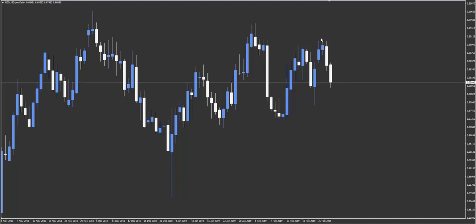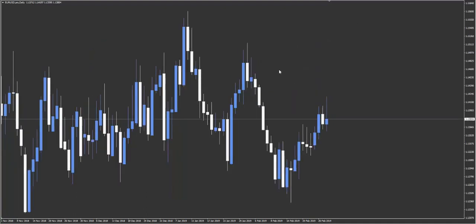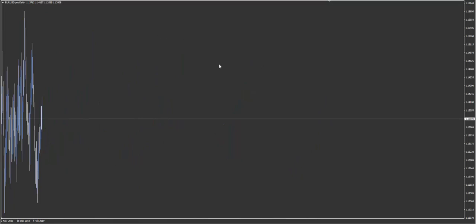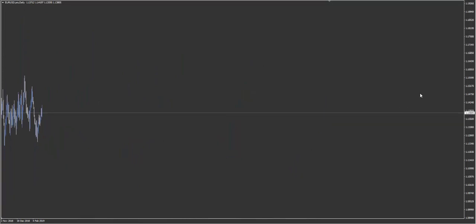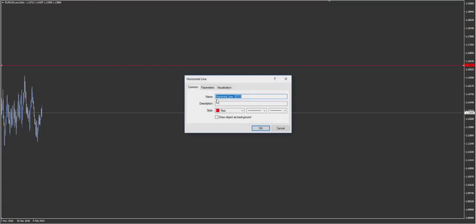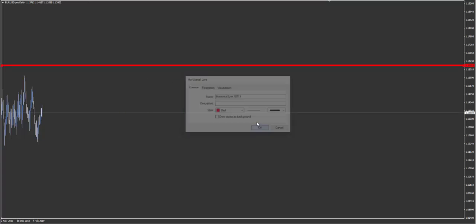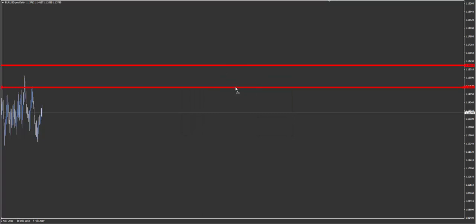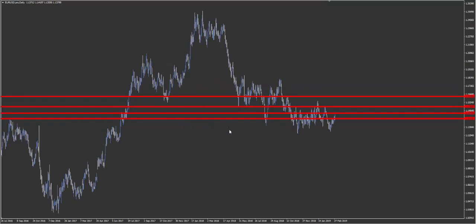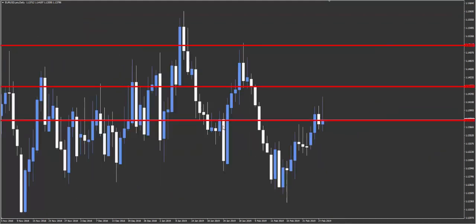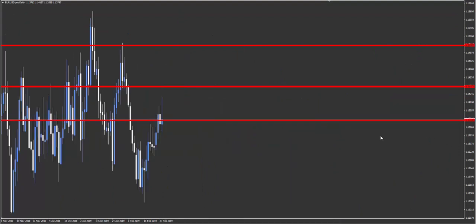If I just throw on a random Euro USD chart, zoom out, I'm just going to place a bunch of random lines. Let's just make these a bit more visible. Literally placing random lines on a chart. Let's just squeeze it back a little bit more.